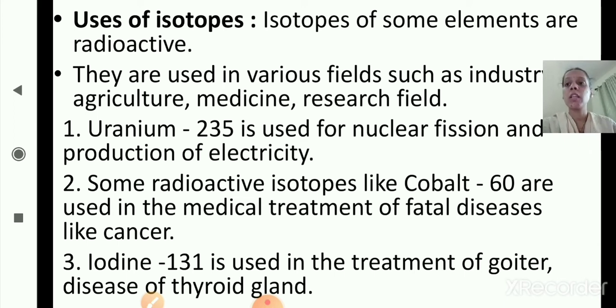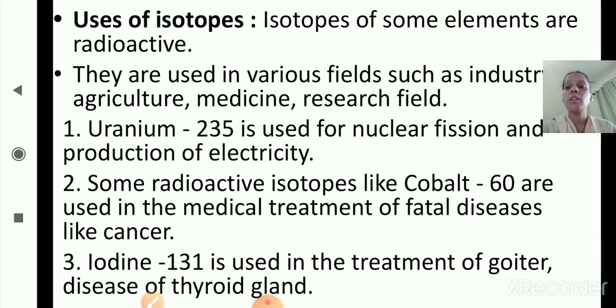So till now we have studied two uses. First one is uranium-235, used for nuclear fission and the production of electricity. Next one is cobalt-60, used for the treatment of fatal diseases like cancer. Third one is iodine-131, used in the treatment of goiter disease of the thyroid gland.